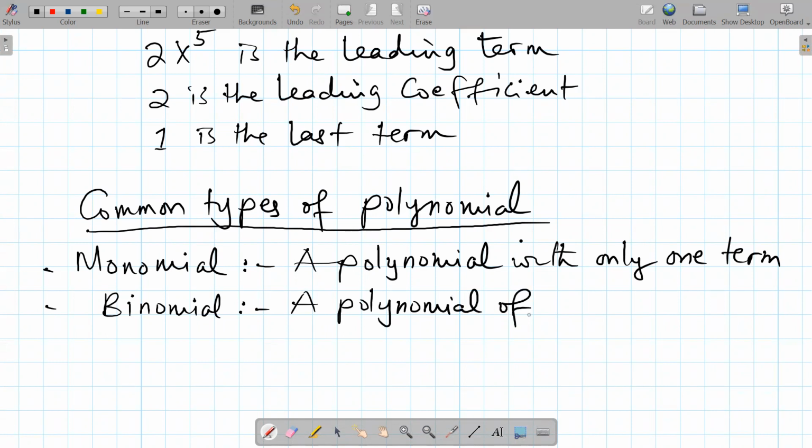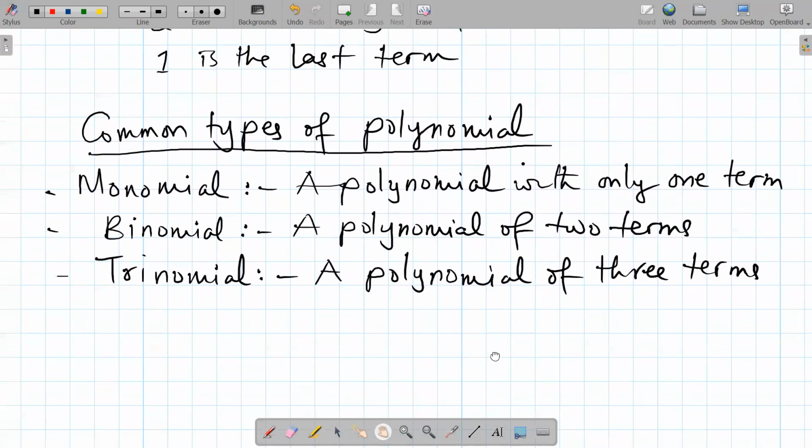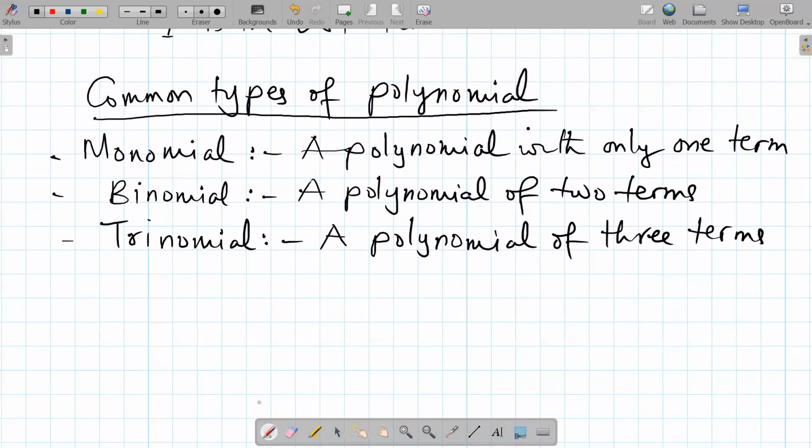And then we have a trinomial, a polynomial made up of 3 terms. Okay. So these are the 3 common types of polynomials.